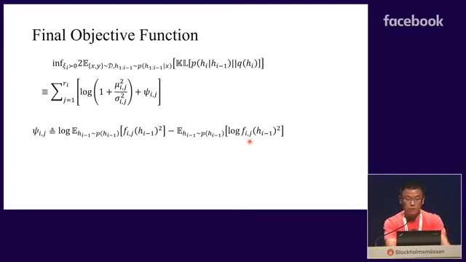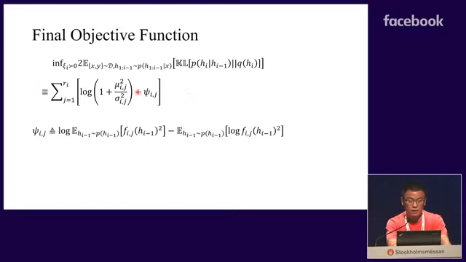And because p(h_i | h_{i-1}) and q(h_i) are both Gaussian distributions in our model, the KL divergence has a closed form. So this allows us to optimize the variance of q(h_i), which is psi_i, out of the model. We can directly calculate the optimal value of psi_i and plug it back into this KL term, and we obtain this equation.